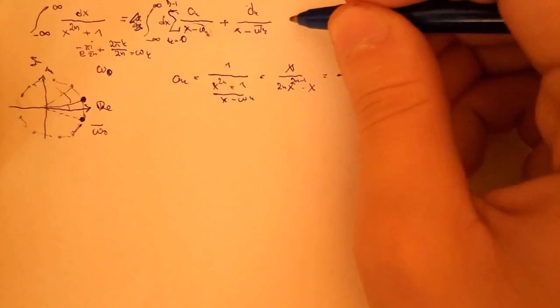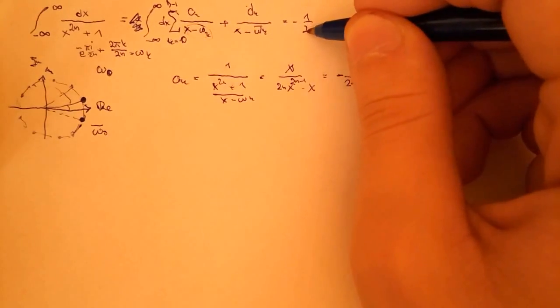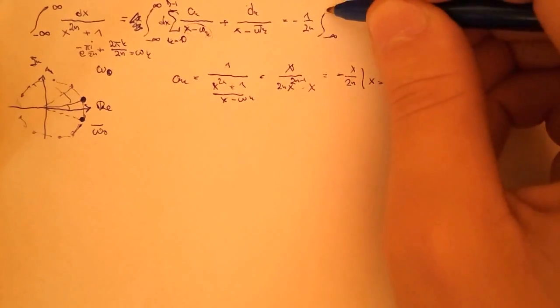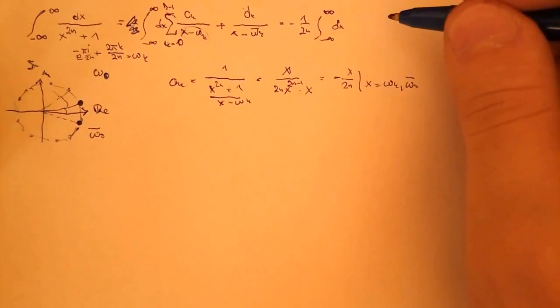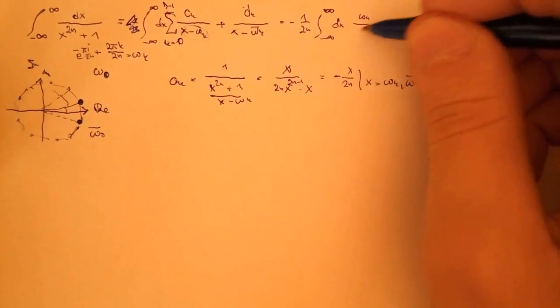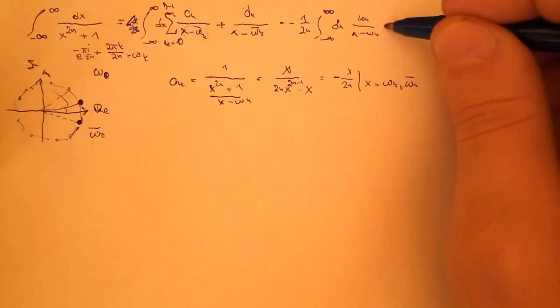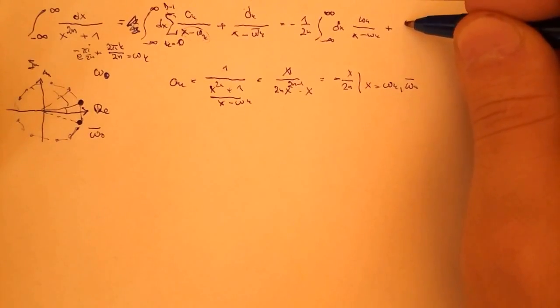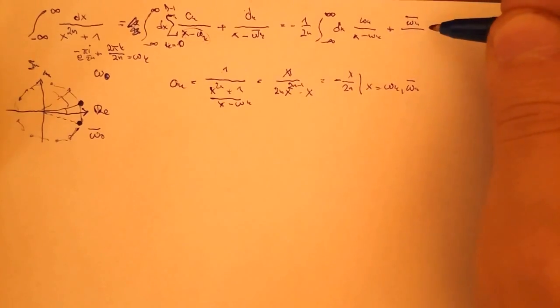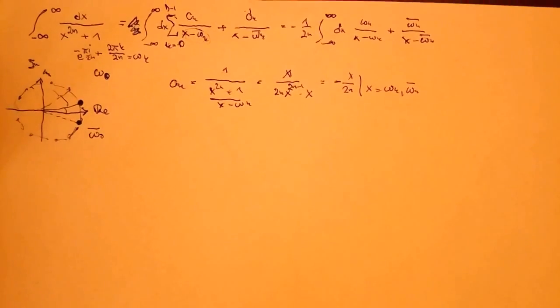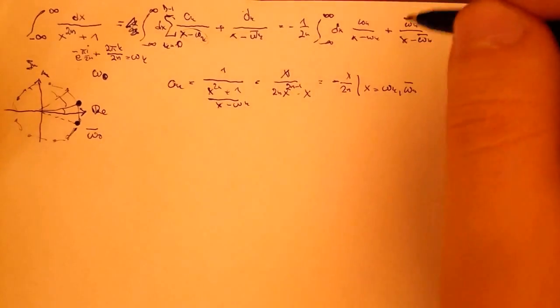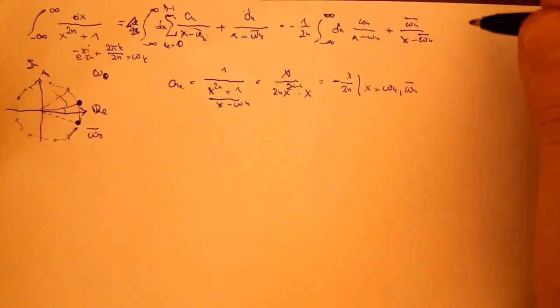Oh, I should rewrite this. There is minus 1 over 2n, integral from minus infinity to infinity, dx, and omega k over x minus omega k plus omega k conjugate divided by x minus omega k conjugate. Then I will write it on the same denominator.